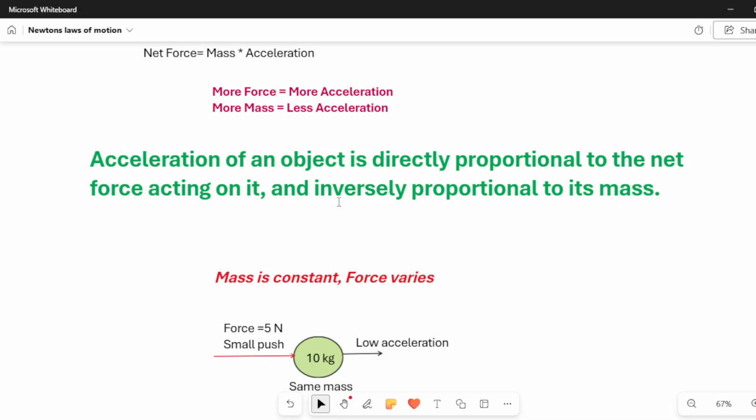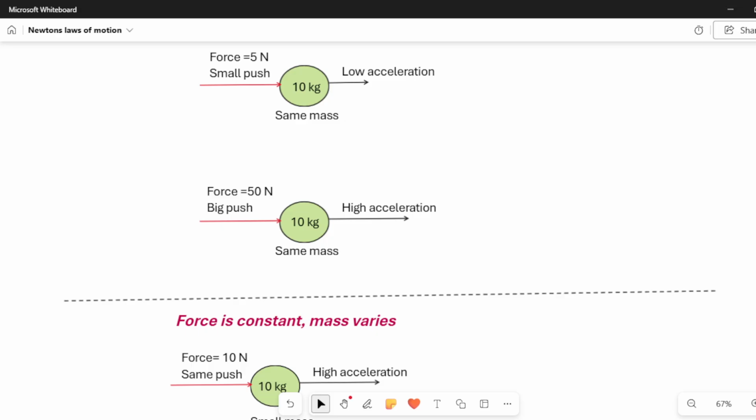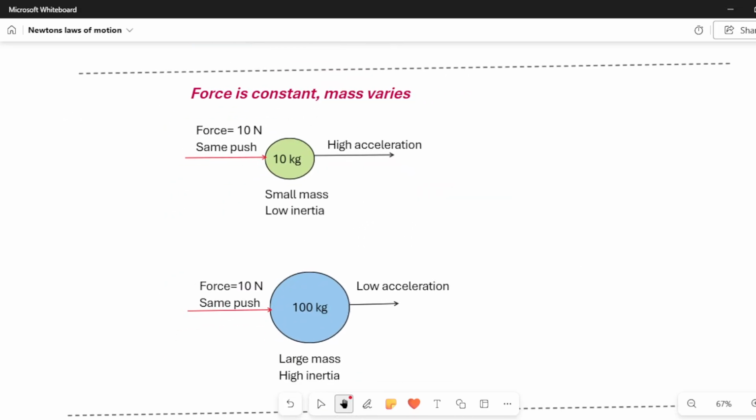Next part is acceleration is inversely proportional to its mass. So more mass, less acceleration. Let us take an example. Now I am having two balls. One ball is 10 kgs and another ball is 100 kgs.